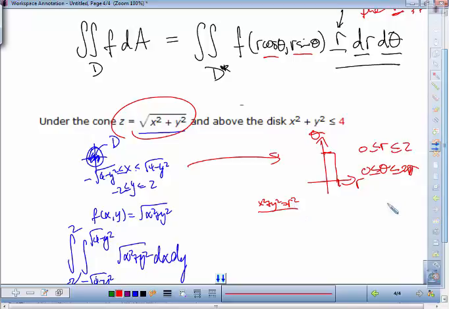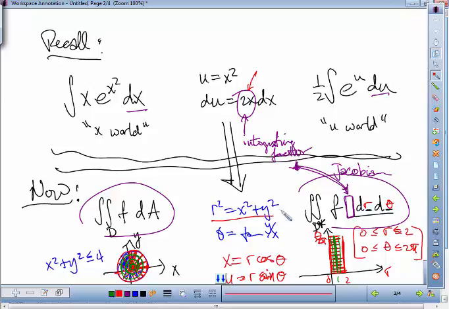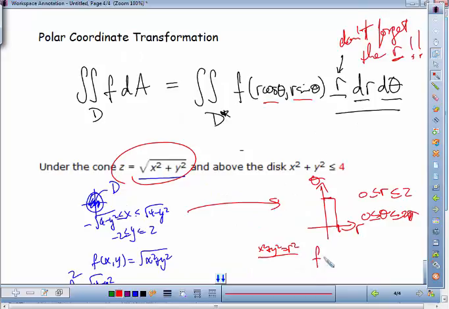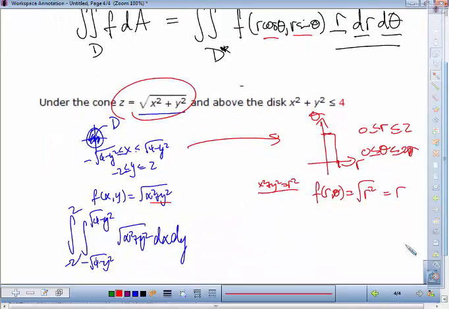Remember that? That was written on this page right here. So let me jump to our f function now, where I'll just replace x squared plus y squared with r squared, and that's just r.